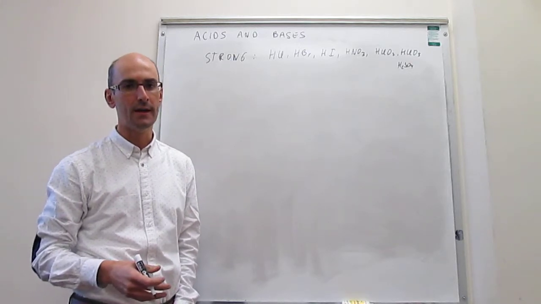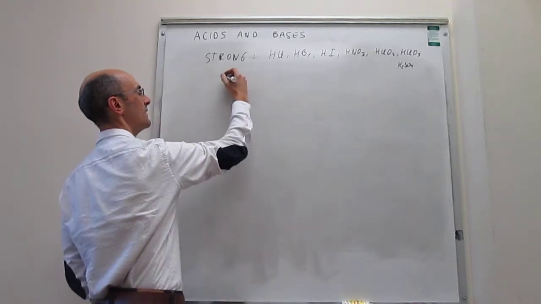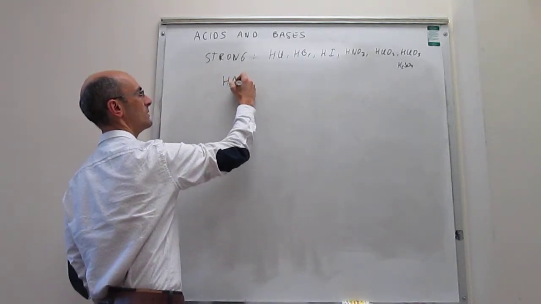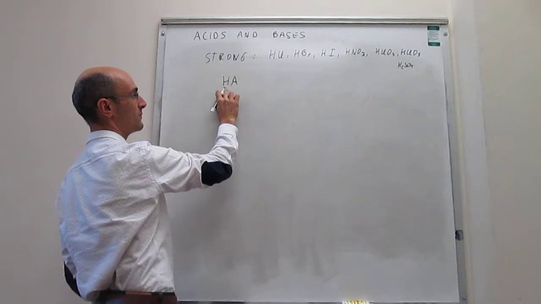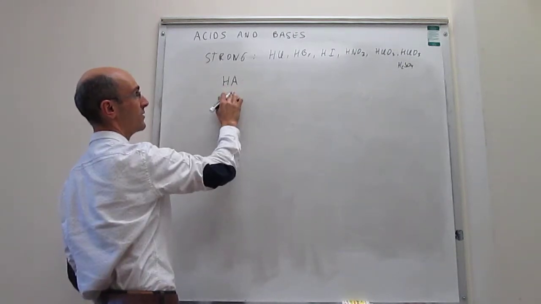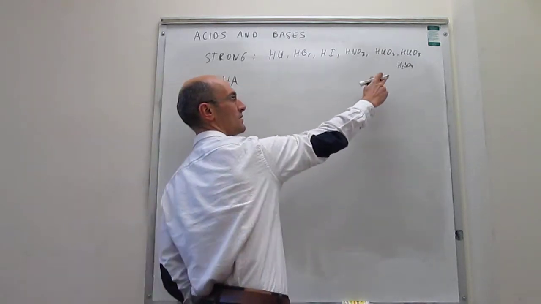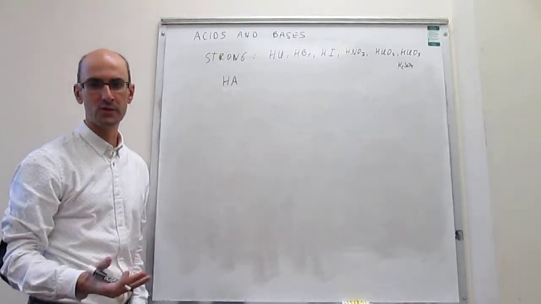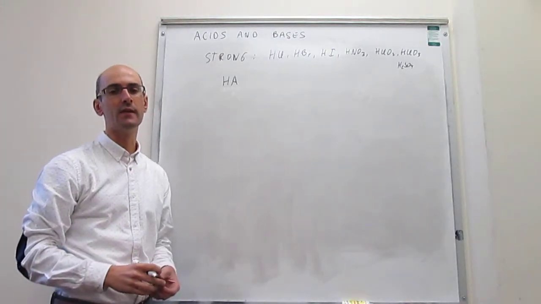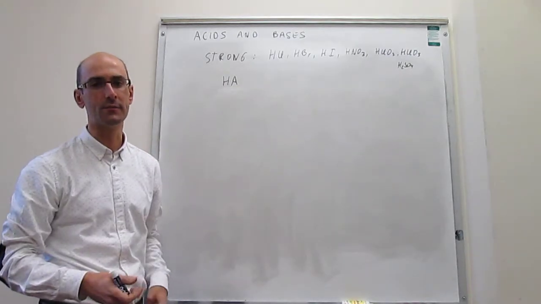What we can actually do is take these acids and notice that they all have something in common, and that is the presence of at least one proton, and then an ion connected to that proton. The exception is sulfuric acid, which has two protons, but aside from sulfuric acid, the rest can be categorized simply as HA, where H is the proton.